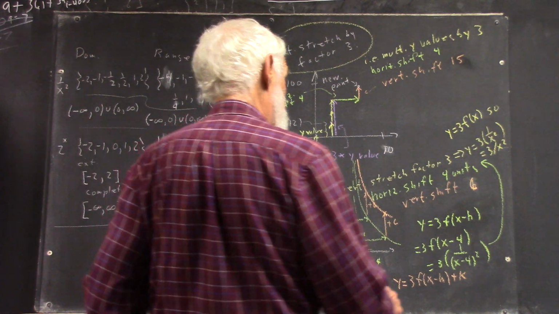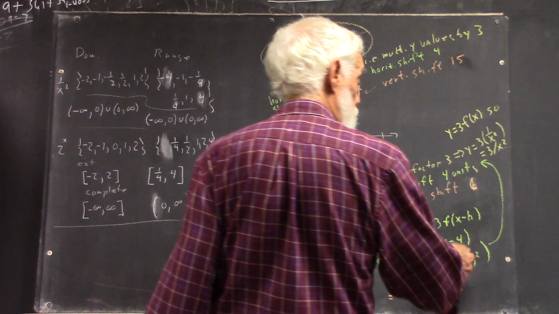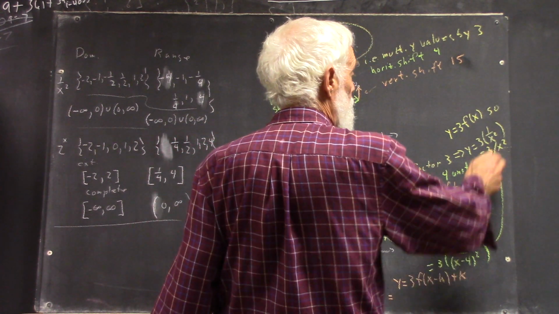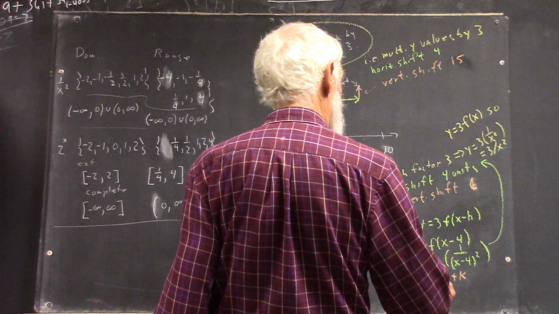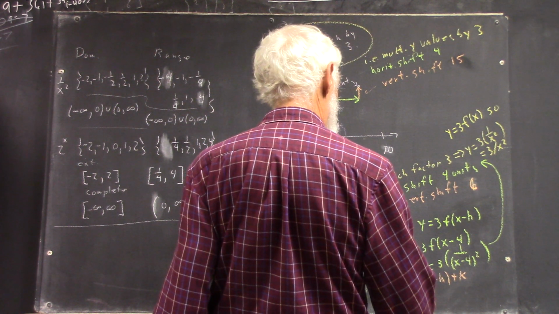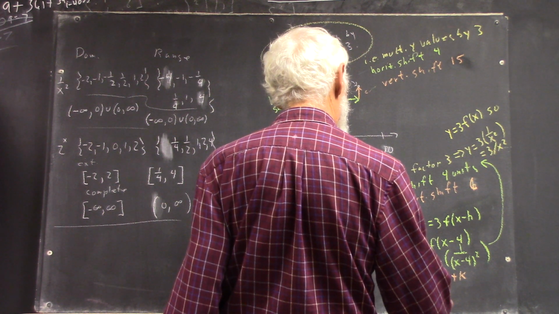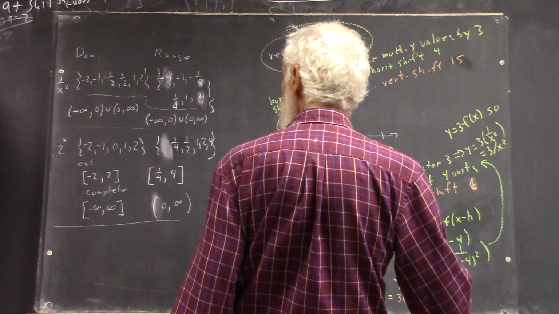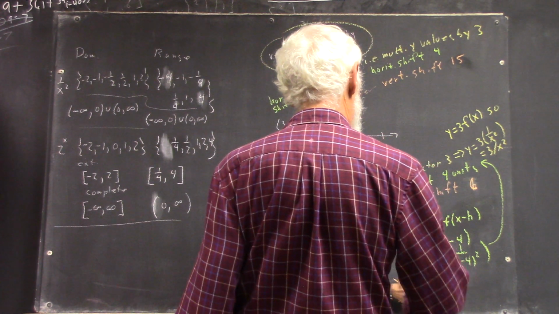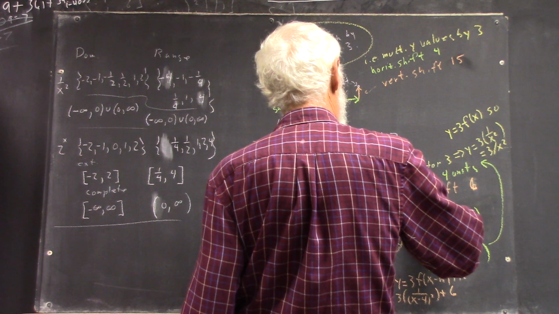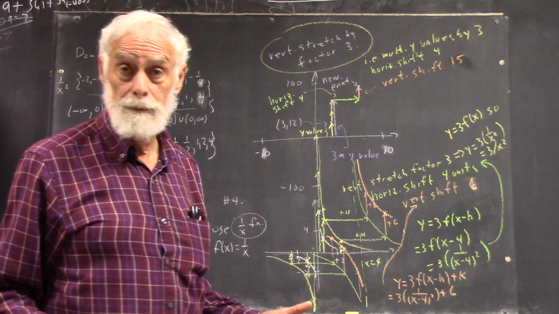But you should understand that you take what you have here, which is your 3f of x minus h, but whatever. If you know that you replace x by x minus 4, you're going to get this anyway. You're going to then just add k to that. So it's 3 times 1 over x minus 4 squared plus 6. And that's the function that you have here.